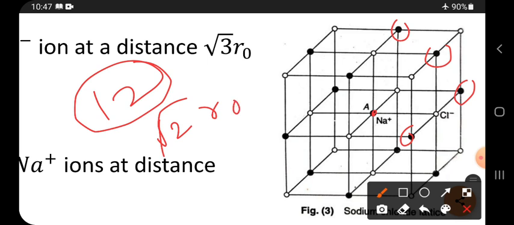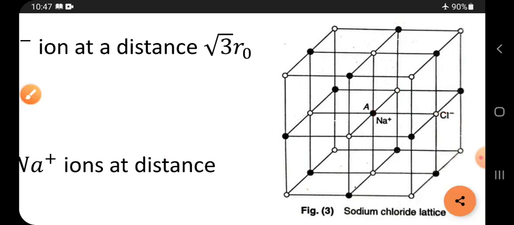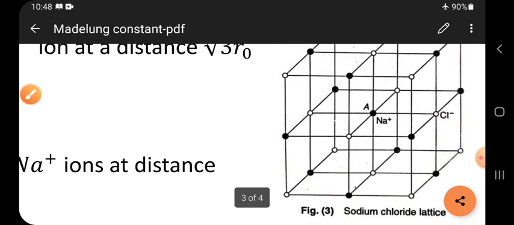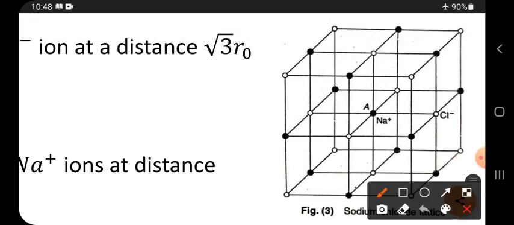Okay, let me explain. Let me take this diagram and this position. First, if I calculate this one, then the remaining are the same thing. This distance we have to measure. See, here to here is r naught, and this is r naught, but we don't know this distance.